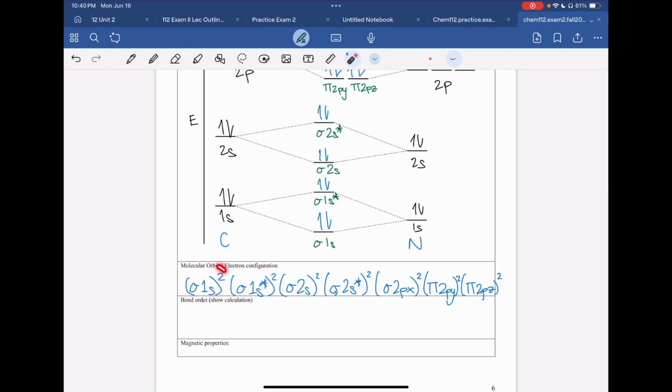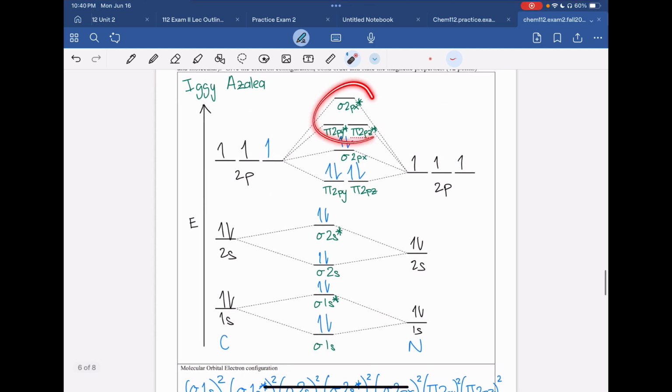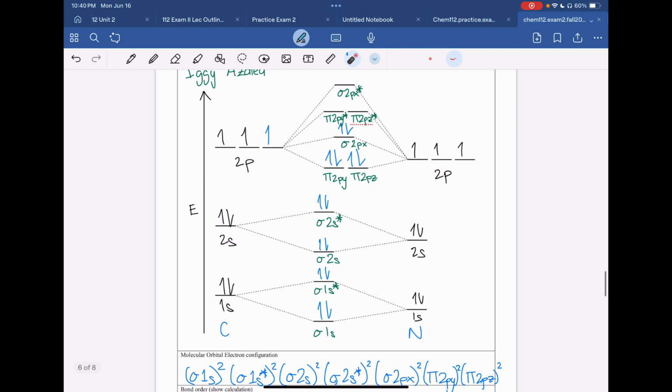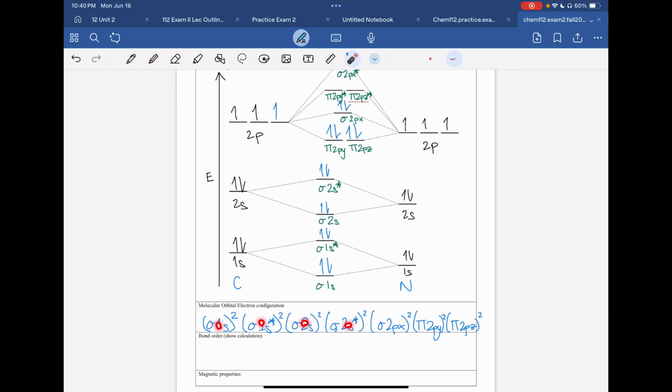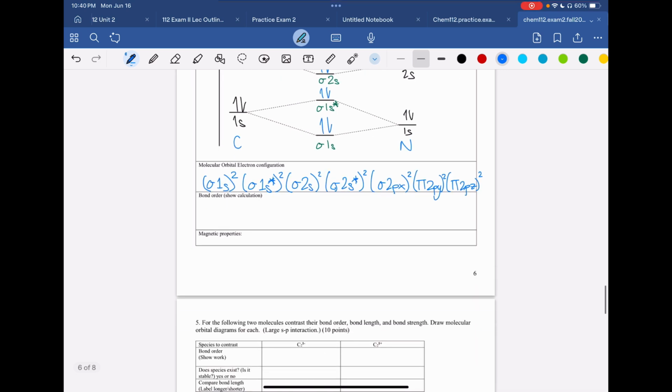So right, regular, star, regular, star, regular, regular, regular, because there's no stars. The stars are up here. But if these were filled up, it would be regular star, regular star, regular star, regular star. Okay? If you follow that order, you're gonna group up all the sigmas together and then group up all the pi's together. Yes, you must be like that, or you'll be wrong.